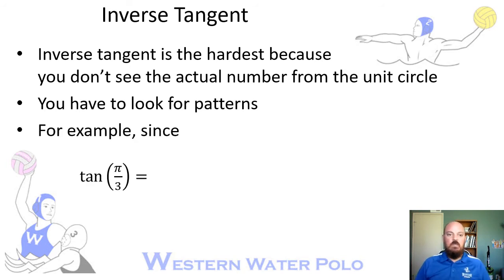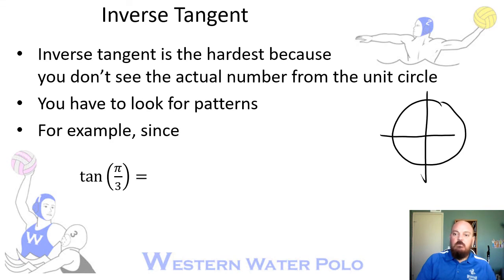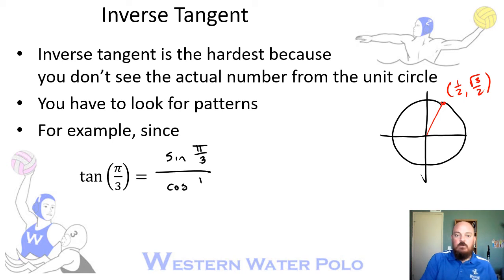So first of all, using the unit circle, let's figure out what tangent of pi over 3 is. On the unit circle, pi over 3 is this angle right here, and it's the point 1/2 comma radical 3 over 2. So let's start with that. If I was trying to figure out tangent, what I'm really doing is sine of pi over 3 over cosine of pi over 3.